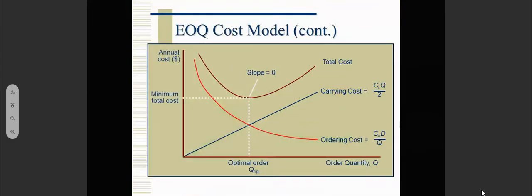The increase in order quantity will also increase the carrying cost. But the increase in order quantity will decrease the ordering cost.